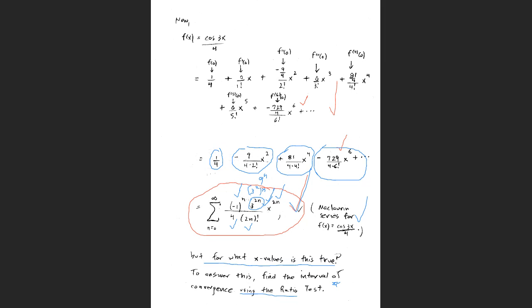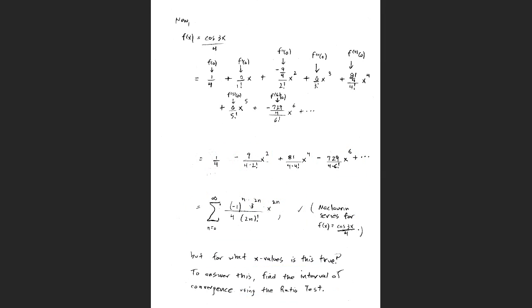Okay, let's go to the next page then if we're good. Let's use the ratio test on this power series to determine the interval of convergence. So you've done this many times. The nth term is going to be equal to the term of the power series, and you're going to take the ratio of the n plus first term to the nth term.